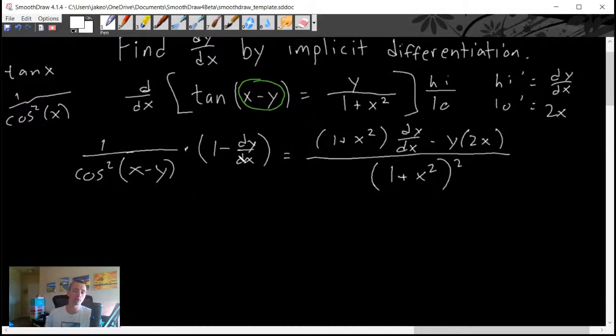So what we probably want to do first, in order to effectively move terms around by simply adding and subtracting them, is get rid of the fractions, which means we can multiply both sides of our equation by the denominators. So multiply both sides by 1 plus x squared, squared.